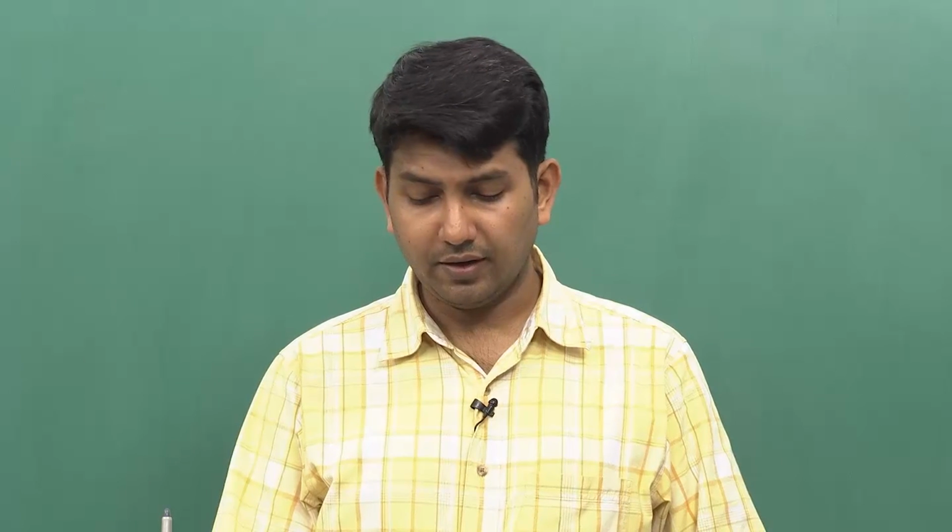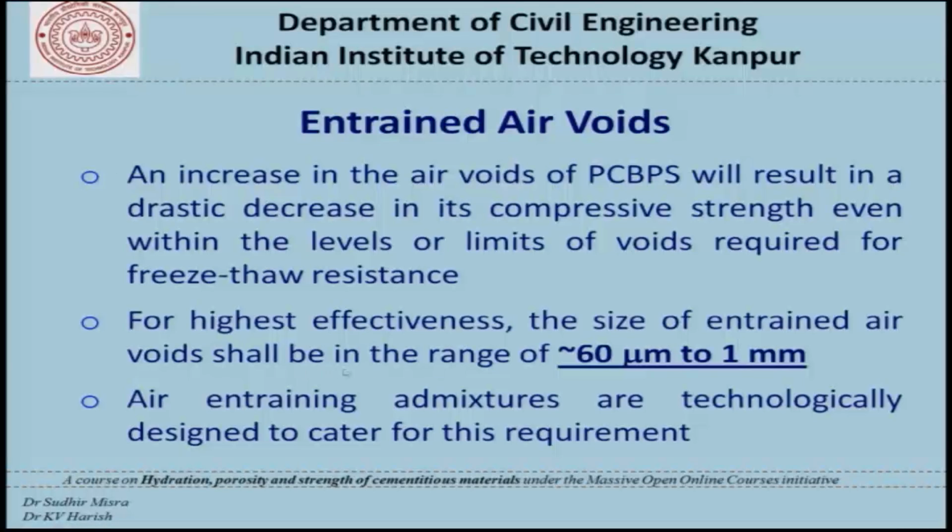The next point is, for highest effectiveness, the size of entrained air voids shall be in the range of approximately 60 microns to 1 mm. This is an extremely important condition to make sure that the air voids present in concrete can effectively resist freeze thaw condition. Air entraining admixtures are technologically designed to cater for this requirement.